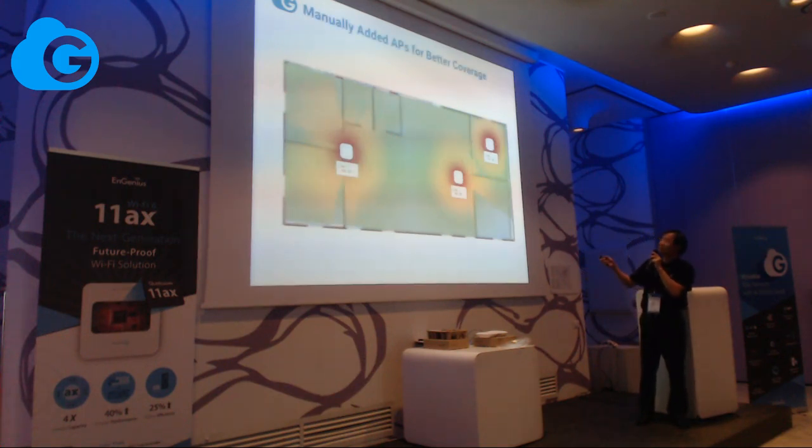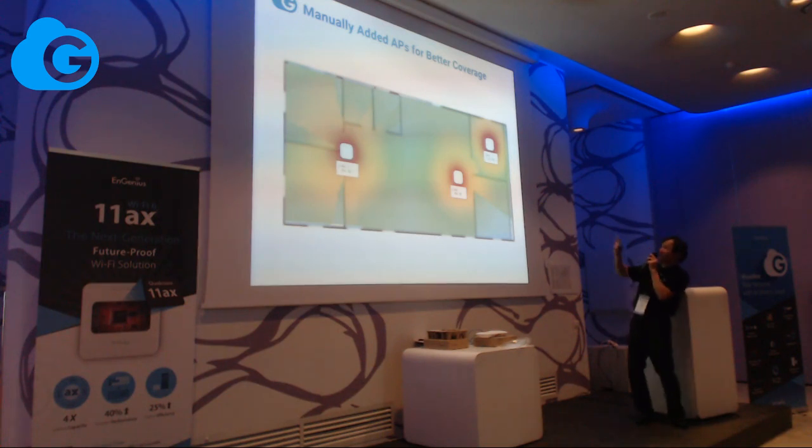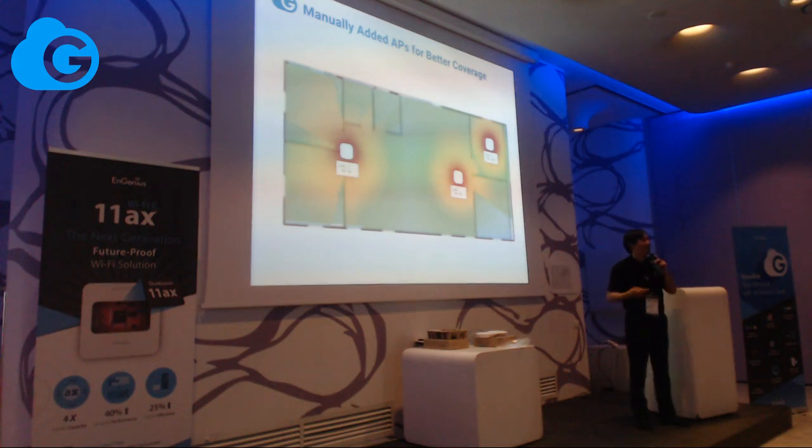So in that case, you put another AP here. But is this the best placement that can cover the best of your floor? You don't know. You just visualize it and see, maybe I need to put it in this place.